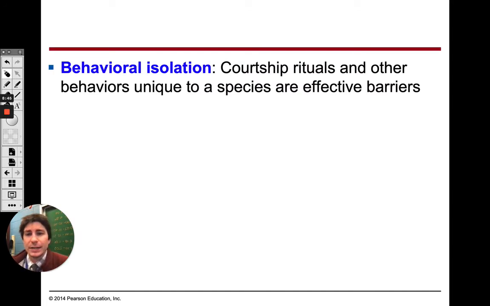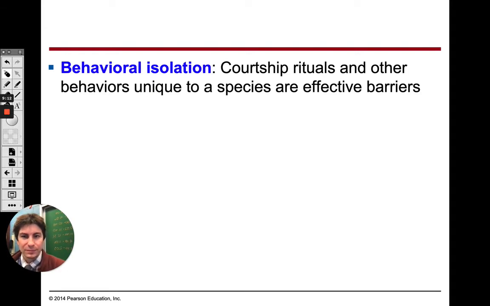All right, last one is behavioral isolation. So there are courtship rituals. If you guys have ever seen, there are some birds that do some very, very odd dances. I'll try to find a video and post one for you. There's a blue-footed booby, if you guys have ever seen that bird before, and it does a very interesting mating dance.